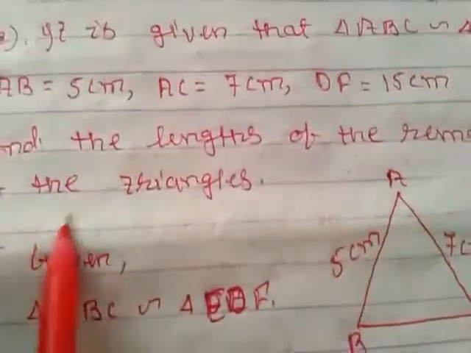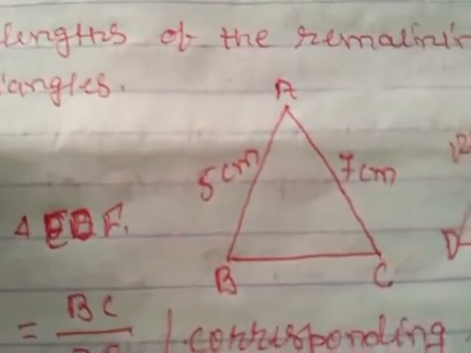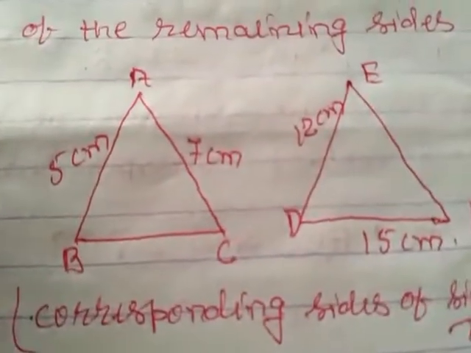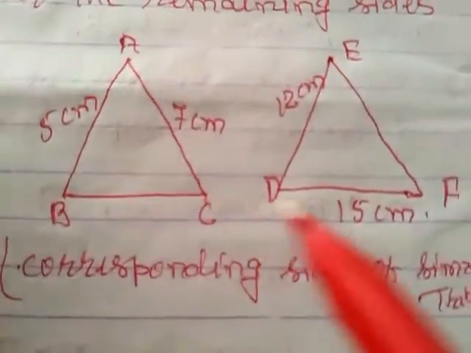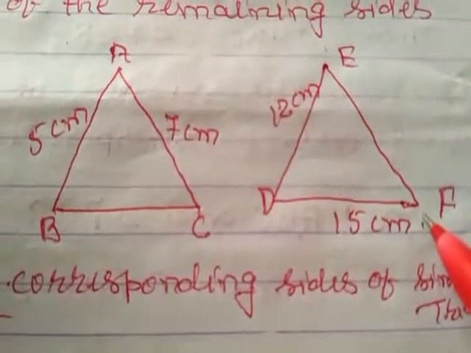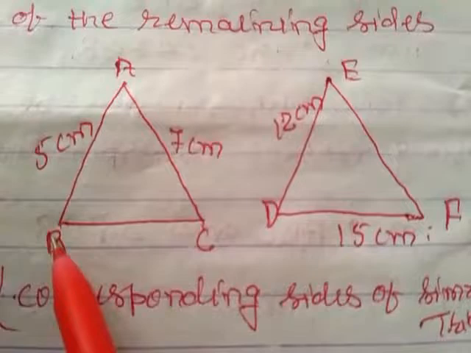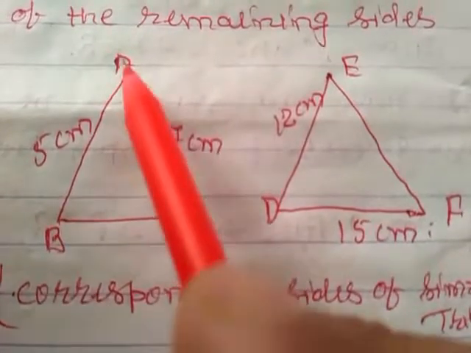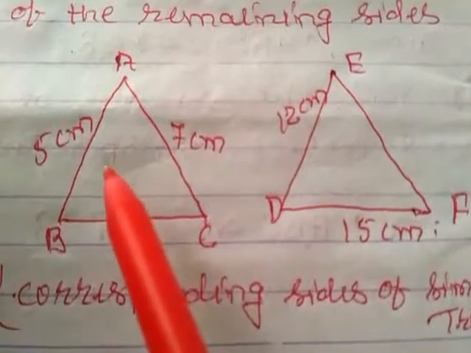Now what is given? Let us draw two triangles, that is triangle ABC and triangle EDF. In these two triangles, side AB and side AC of triangle ABC are given respectively 5 centimeter and 7 centimeter.